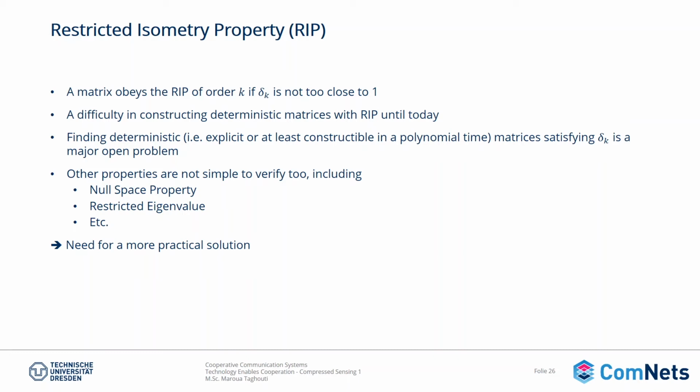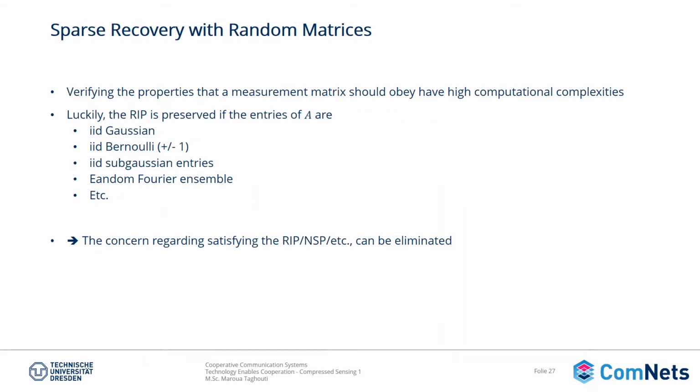So back to our RIP, the question that has always remained, we need a more practical solution. But here there is a very nice surprise for everybody, that if you pick entries of your matrix A from a random Gaussian distribution, Bernoulli, sub-Gaussian, or a random Fourier ensemble, then nicely the RIP is preserved with a high probability.